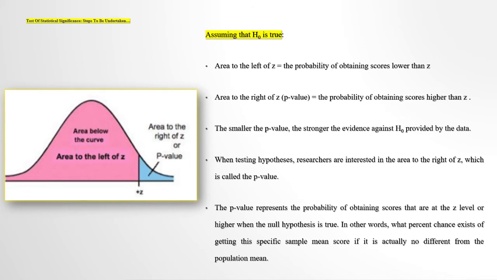Or we can say, what percentage chance exists of getting this specific sample mean score if there is actually no difference from the population mean. That is why there is keen observation of this value and much interest in it.